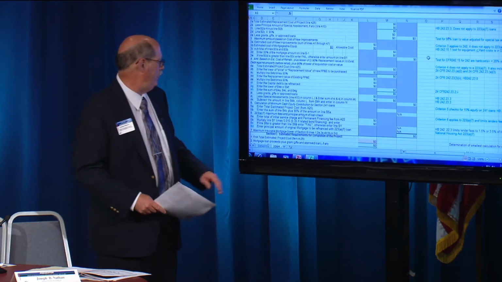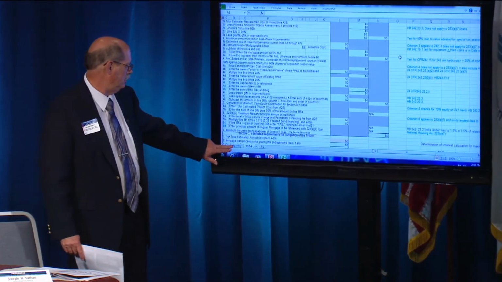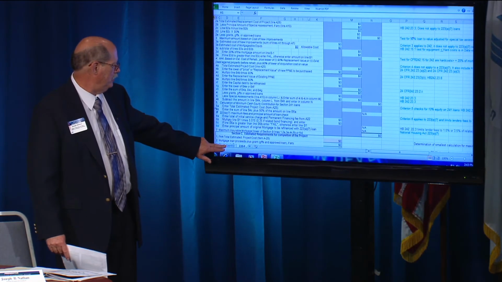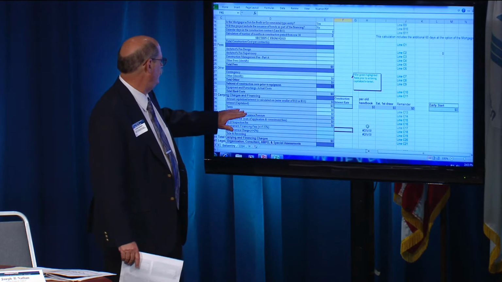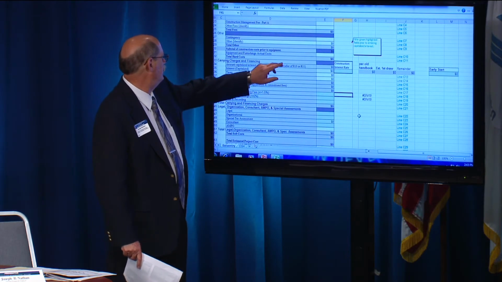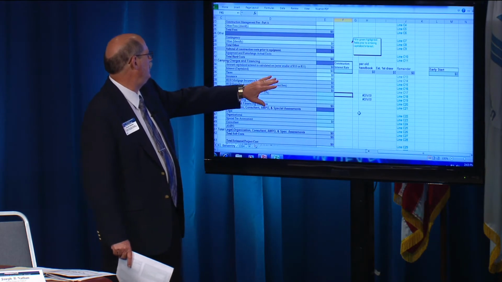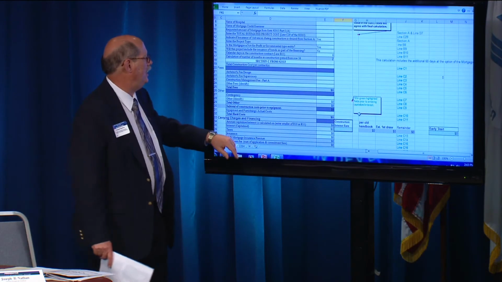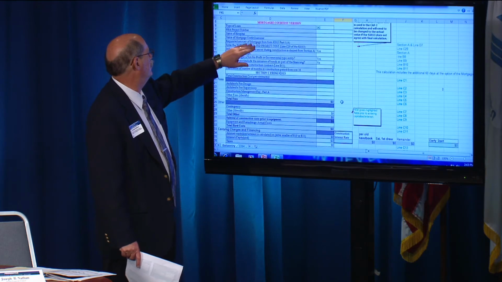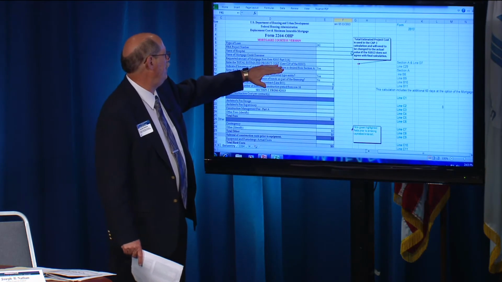If you go back to the data entry page, up at the very beginning, come on up higher, you put in the estimated mortgage amount. Right here you have your estimated project cost.